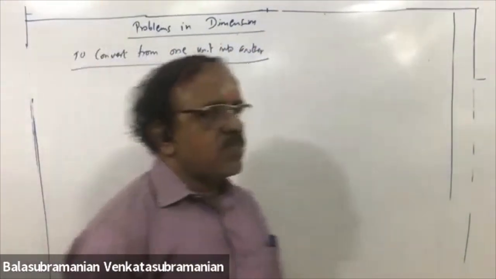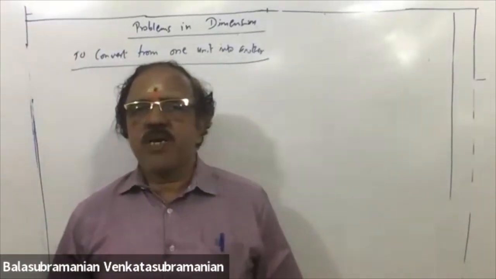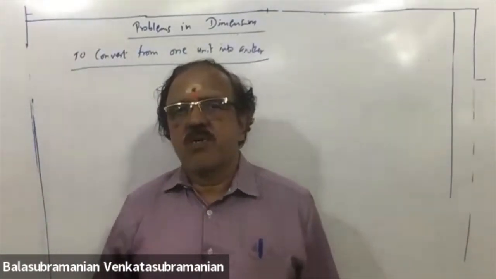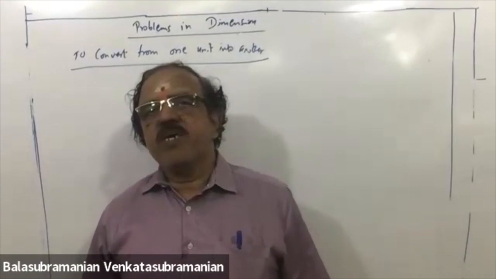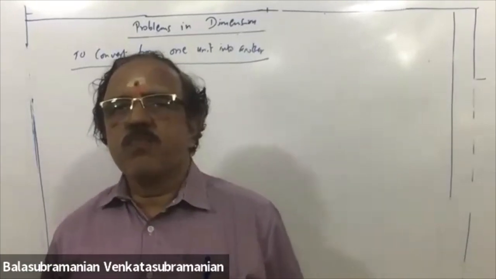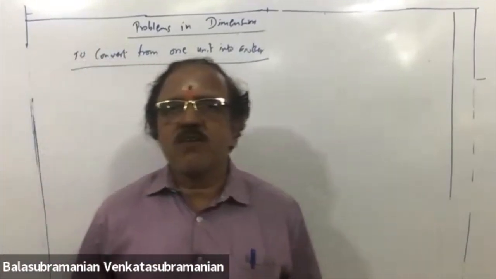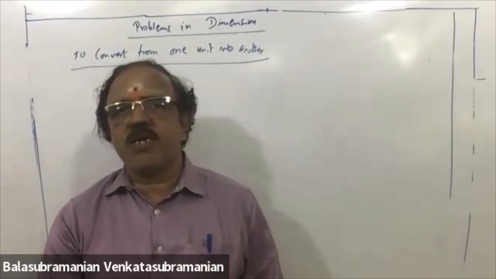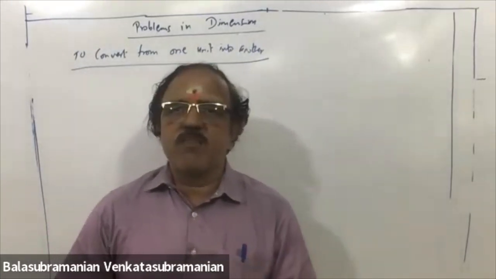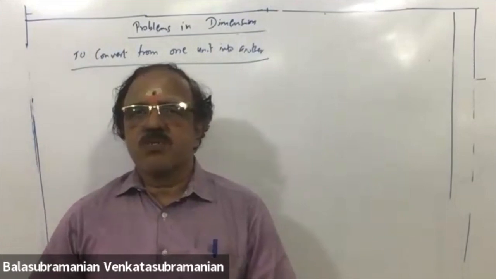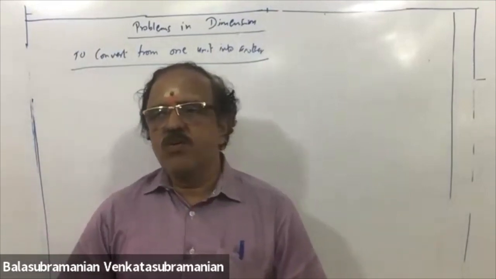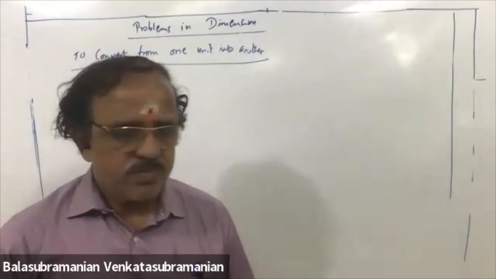CGS to MKS, MKS to CGS, FPS system we have, foot pound per second. So for that conversion from one system of unit to another system of unit, the dimensional method we can use. So for that also we will do two problems.